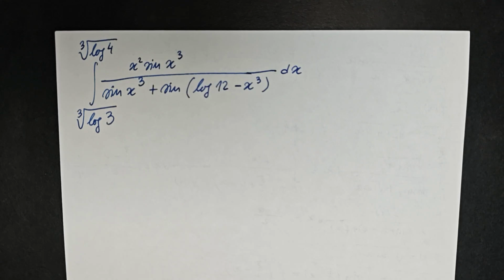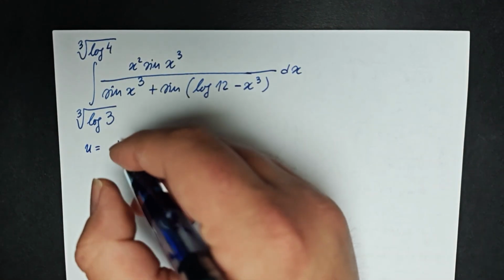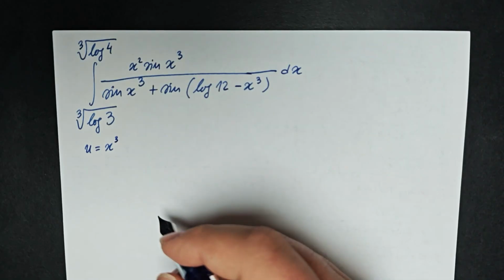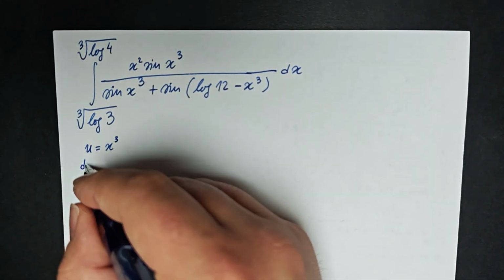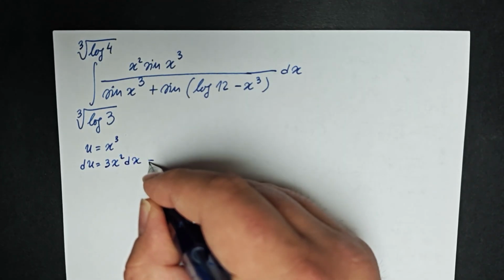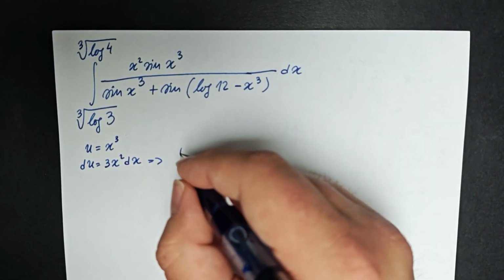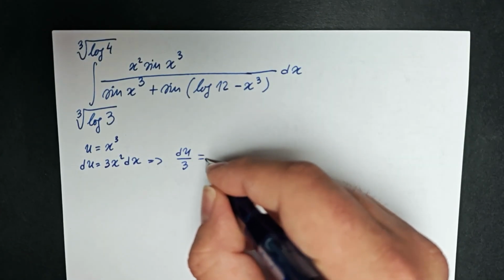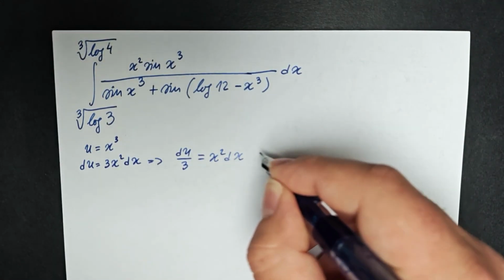Let's now solve this final integral. The formula, which by now we are used to applying, cannot be applied immediately. Instead, we are going to introduce a substitution that u is equal to x cubed. Well, that means that the differential of u is equal to 3x squared dx, and that means that du over 3 is equal to x squared dx.